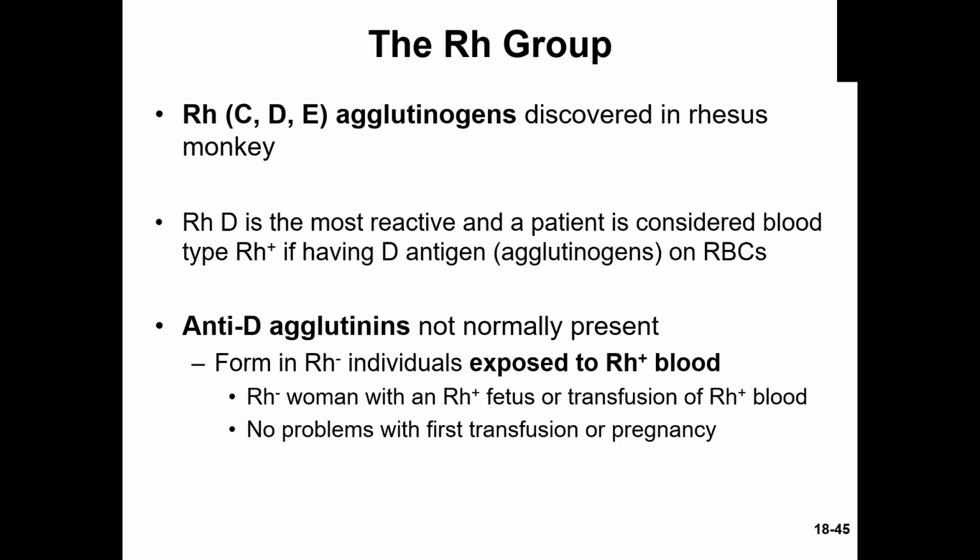So if you have RHD, you're a positive blood type. Now, if you're positive for the RH factor, meaning this antigen is on your cell surface, then you cannot have antibodies against it floating around. If that happens, we will have problems.